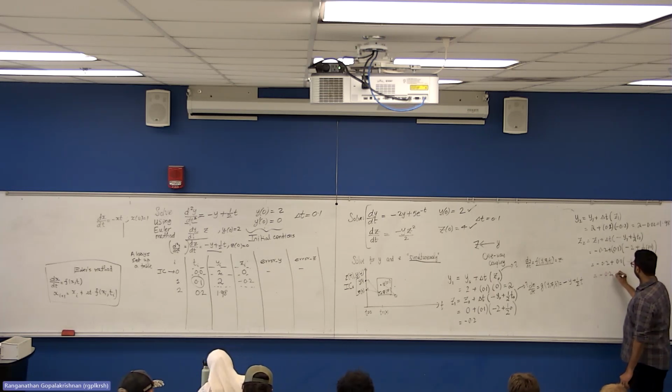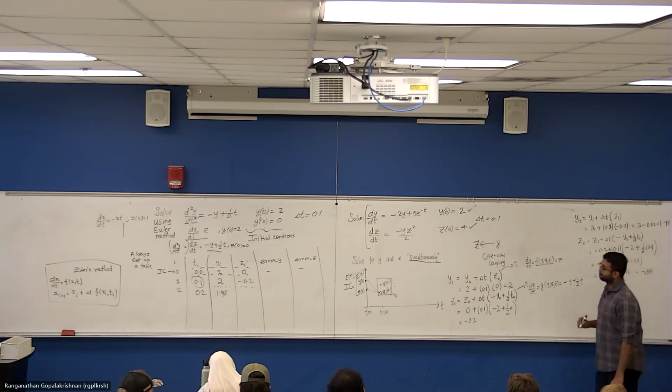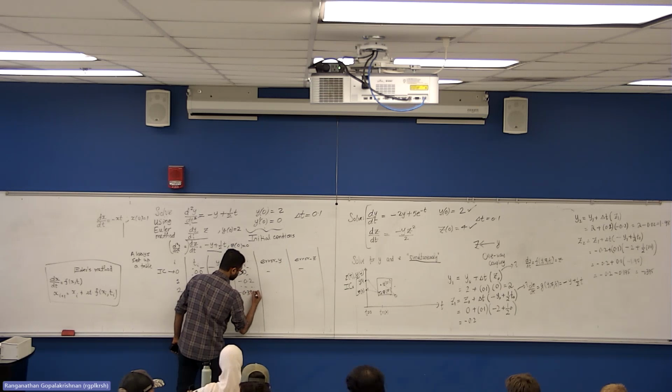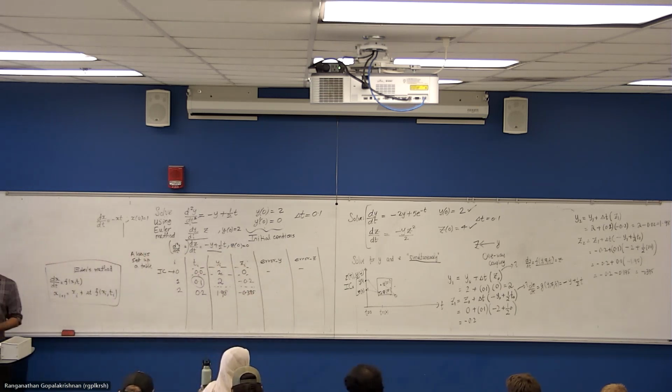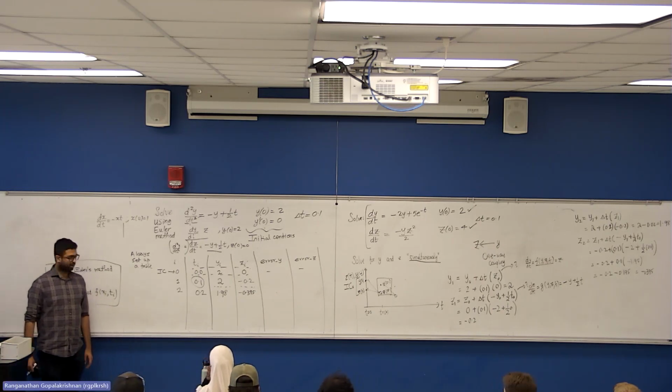So this is minus 0.2 minus 0.195. So that's minus 0.395. Can you tell me if you are also getting these numbers? Are you getting these numbers? Yes, okay.